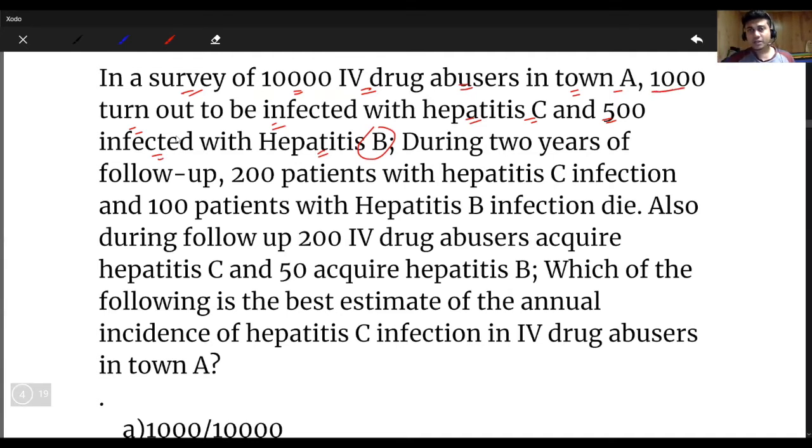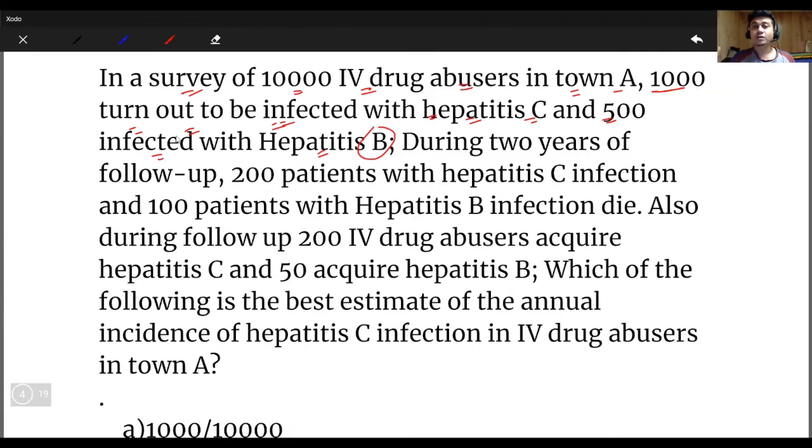Now it says that 1,000 turned out to be infected with hepatitis C. What does it mean? When you ran the survey, you found 10,000 IV drug abusers. You found 1,000 hepatitis C patients already and 500 hepatitis B patients. They are already patients. What does it mean? They are prevalent cases.